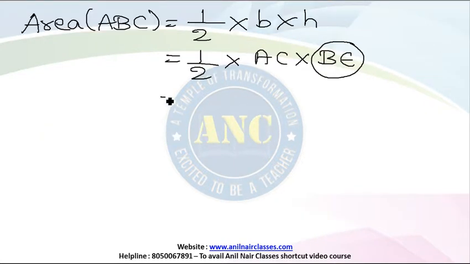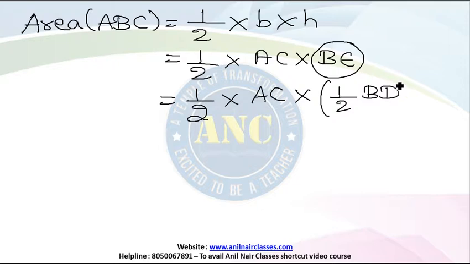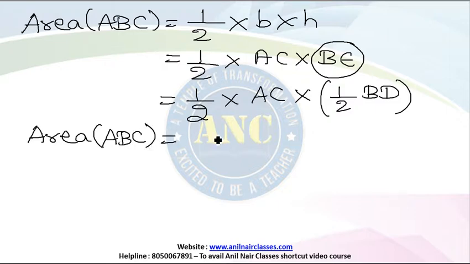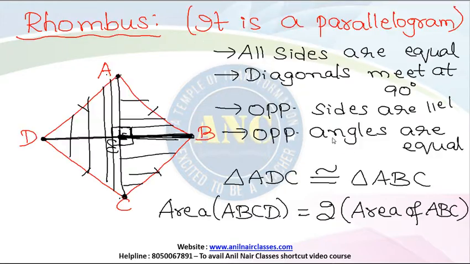This is half of BD, so it is half into AC into BE is half of BD, or in other language, area of triangle ABC is 1 by 4 times of AC into BD. Sir, I am not interested in finding the area of triangle. I am interested in finding the area of quadrilateral.